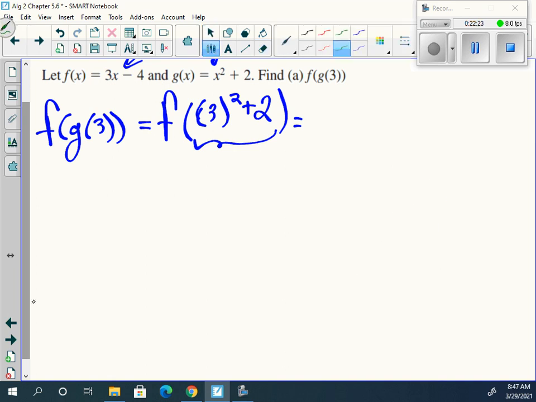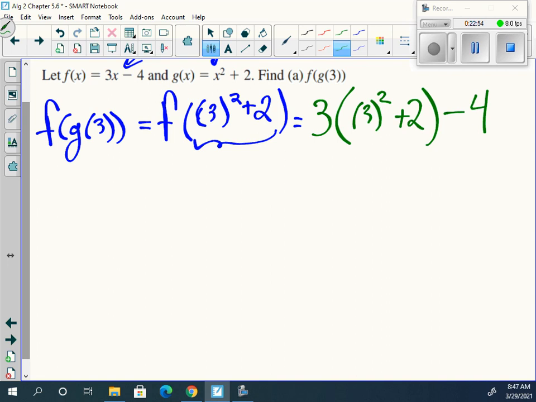Because we could plug this in for x, for f of x. Now, what that would give us would be 3 parentheses, 3 squared plus 2 minus 4, which still works. We can type that all into the calculator. But the reason I shy away from this is because when we get into more and more, if we have radicals and roots, and if it was radicals and squares, we have a lot of stuff going on all at once.